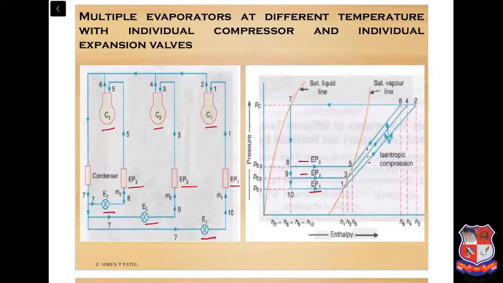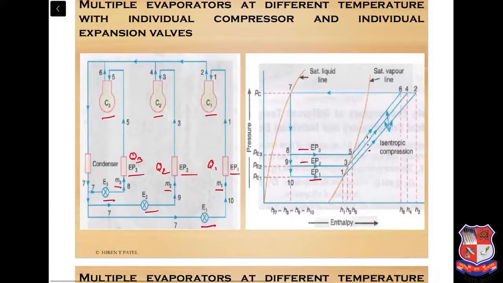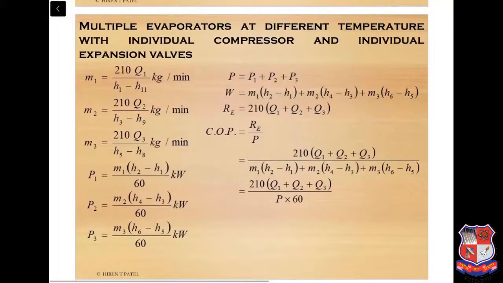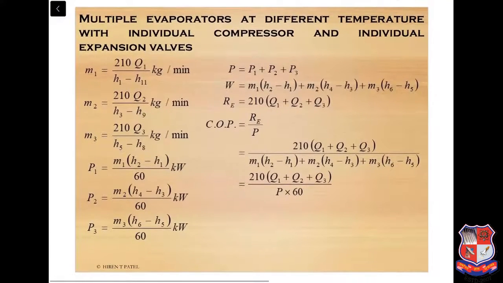So here, same as Q1, Q2 and Q3, three loads are there. For that, masses M1, M2 and M3 need to be circulated from these three different evaporators. If we calculate the mass, then M1 is 210 Q1 divided by H1 minus H11, same as M2 210 Q2 divided by H3 minus H9, and M3 210 Q3 divided by H5 minus H8.